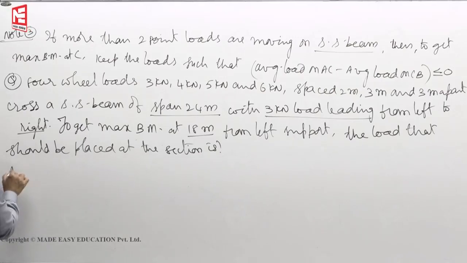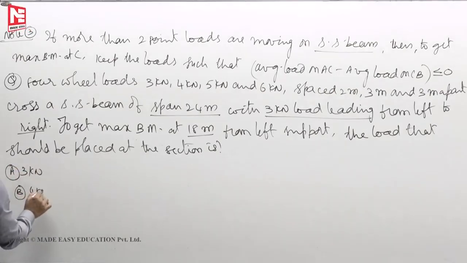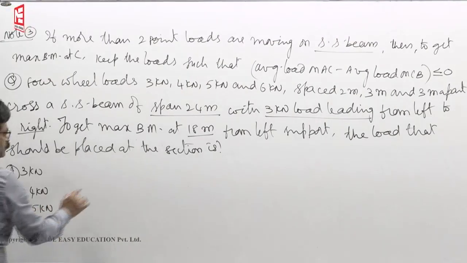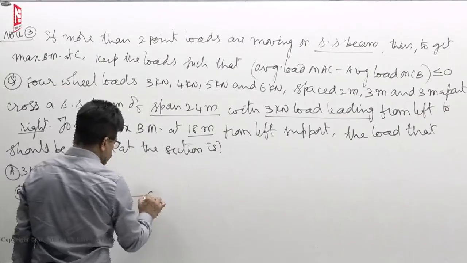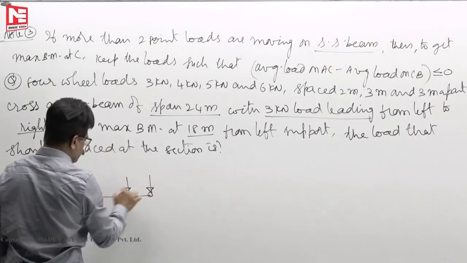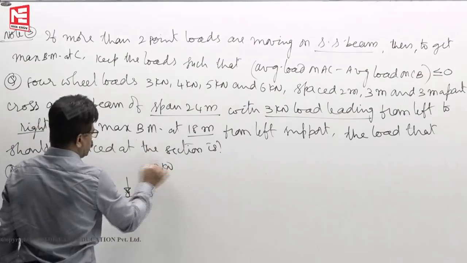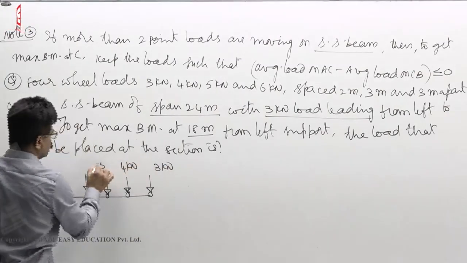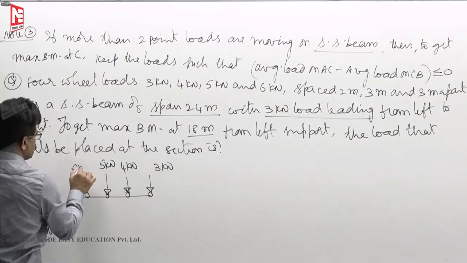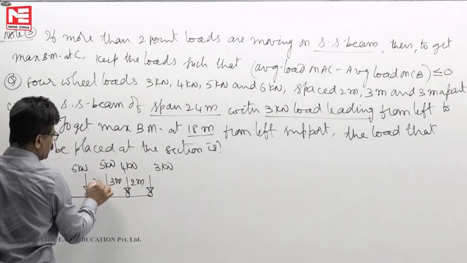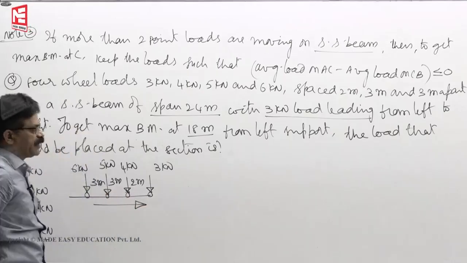Now options are like this: 3 kilonewton, 4 kilonewton, 5 kilonewton, 6 kilonewton, and these loads are moving like this: 3, 4, 5, 6, spaced 2 meters, 3 meters, 3 meters apart, moving from left to right.